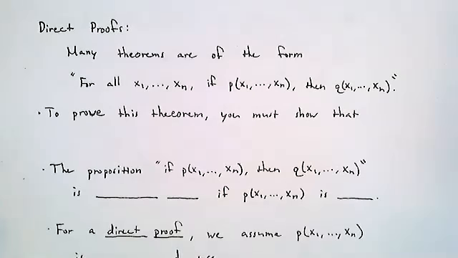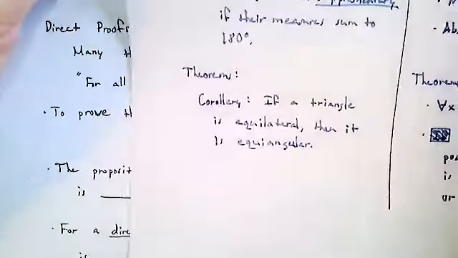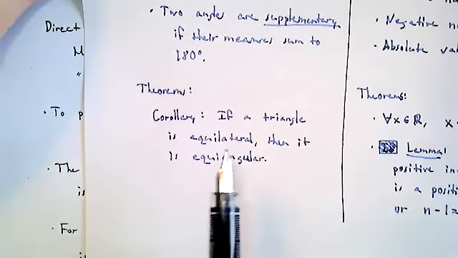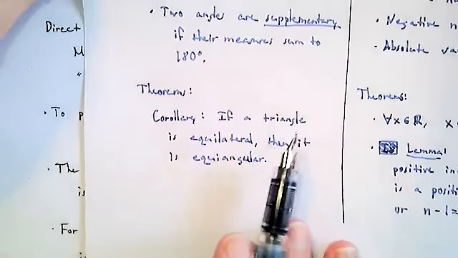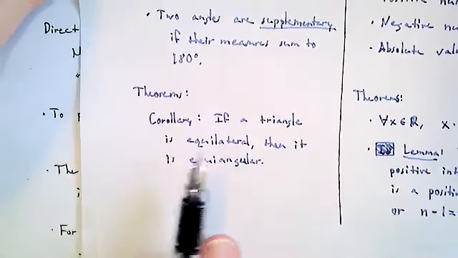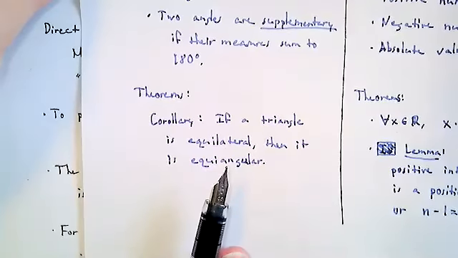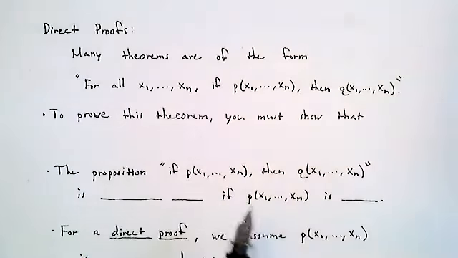So this is a very, very common form of a theorem. For example, this corollary says something about all triangles. It says if a triangle is equilateral, then it is equiangular. That's of the same form.